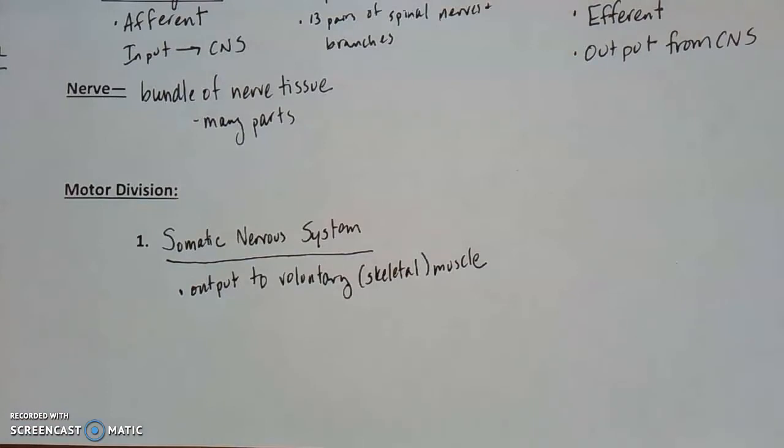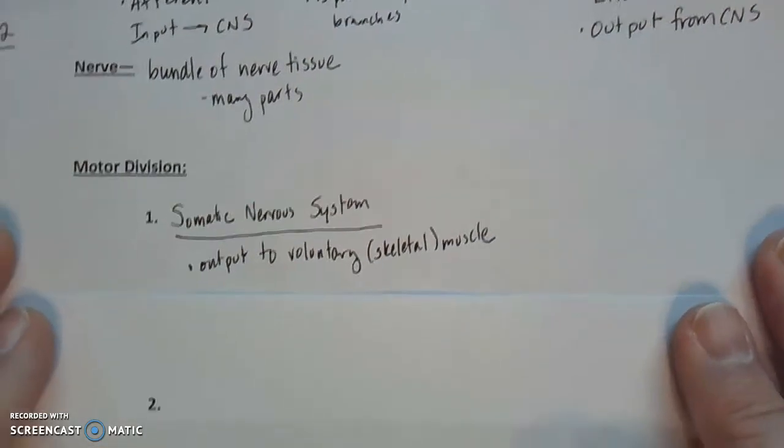So we're going to be looking at skeletal muscle in our next unit, and we're going to integrate how the nervous system works to cause the muscles to function. So we have a nervous system that goes out to all of these skeletal muscles that we have control over. So anytime that you're moving anything, your somatic nervous system is going to be in charge.